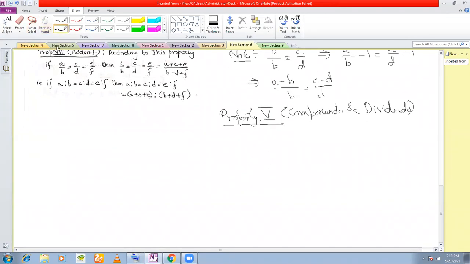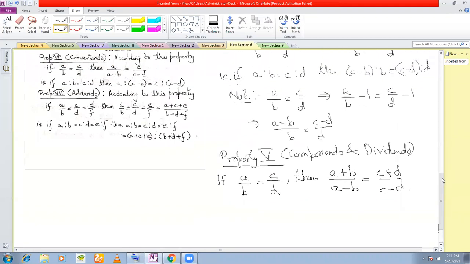According to this property, if A by B is equal to C by D is a given proportion, then we can combine the third and the fourth property to write this as A plus B by A minus B is equal to C plus D by C minus D. Okay, so this is the combination of the above.